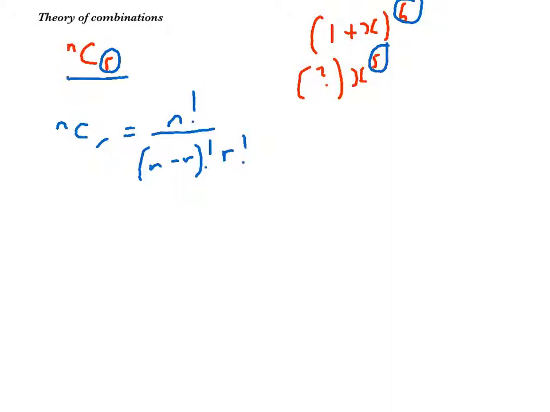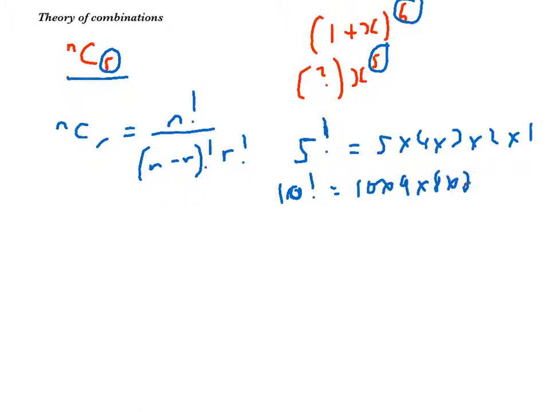So of course, first you're going to be asking me, well, what is factorial anyway? So this exclamation mark here is called factorial. So if I had 5 factorial, all this means is 5 times 4 times 3 times 2 times 1. If I had 10 factorial, 10 times 9 times 8 times 7 times 6 times 5, times 4 times 3 times 2 times 1. Do you see? That's what the factorial means.